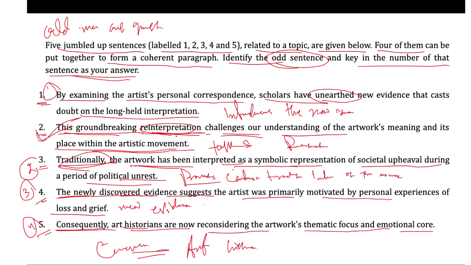The focus is more on the impact on the art movement, which is not as directly connected to the other sentences that center on the evidence and its immediate implication. So finally, we can draw that the odd sentence out is sentence two, right? The rest of the sentences form a logical sequence about the discovery of new evidence and its impact on the understanding of the artwork.